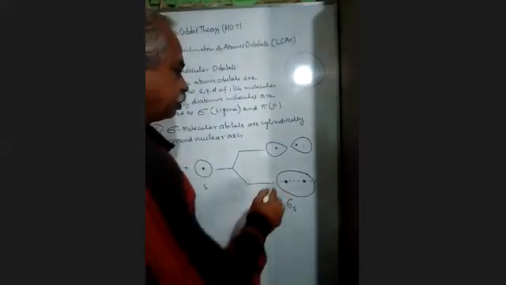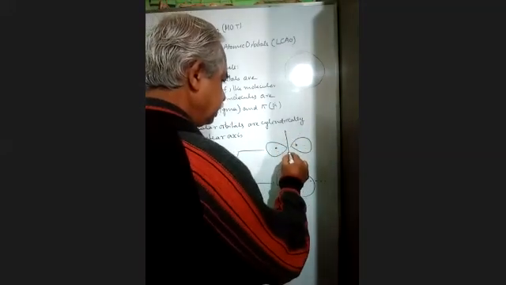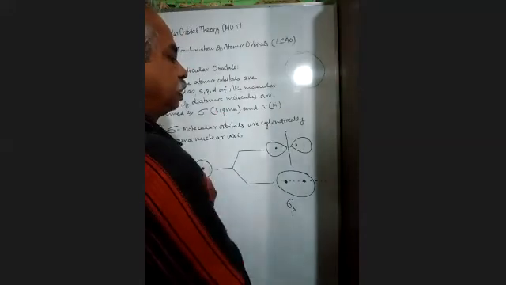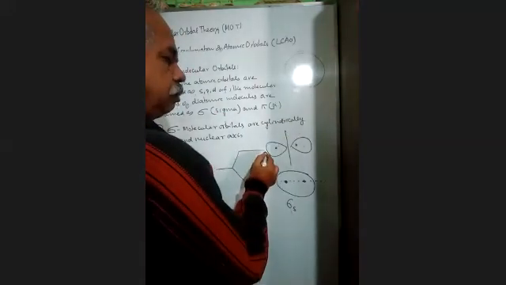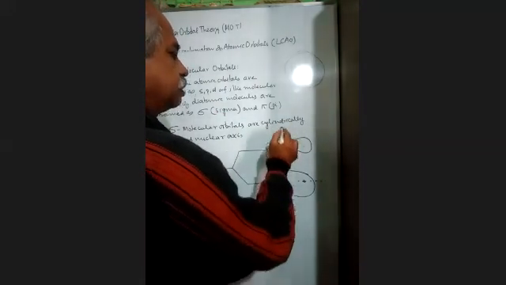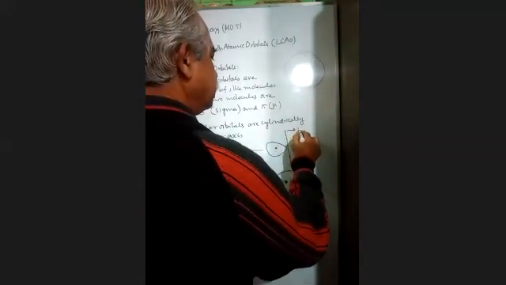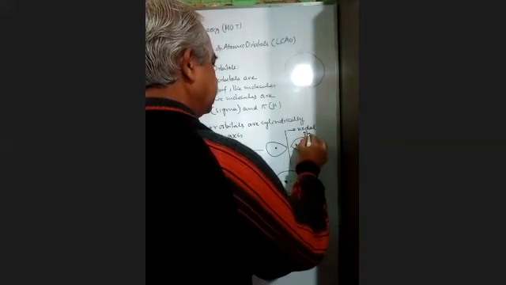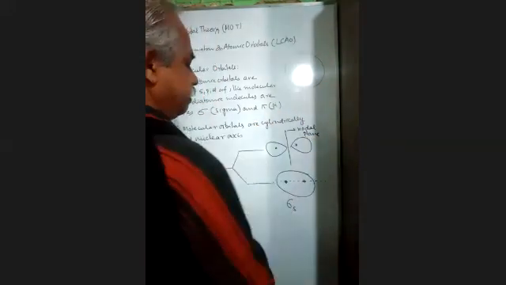Now in that case, this is the plane where no electron is present. Nothing is there. This is called the nodal plane.